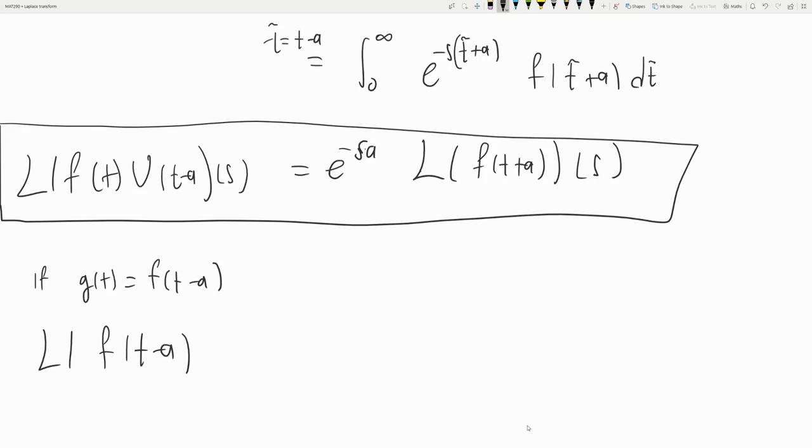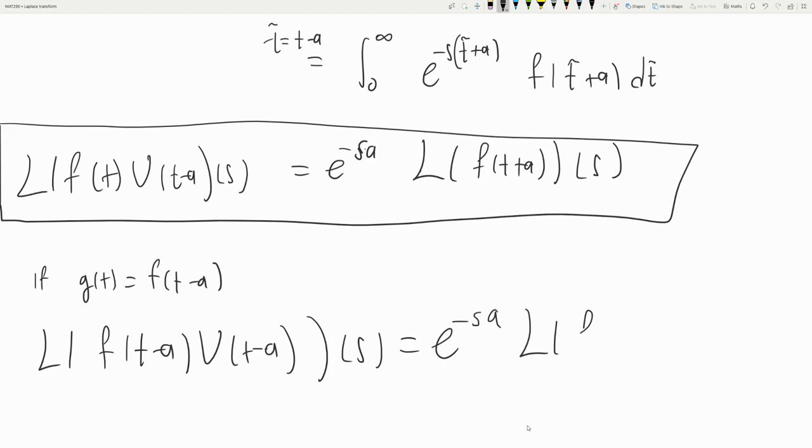So f of t minus a, u of t minus a, at s, and then e to the minus sa, but you just get f of t on the right. Right, so here you have t plus a, here you have t. You have t, you have t minus a. So if you apply star to g of t, you get this.